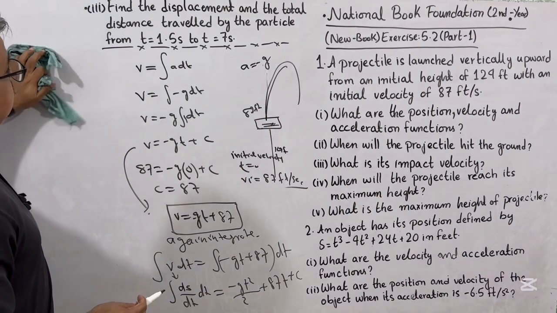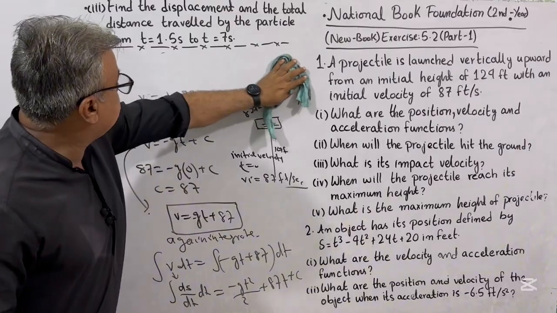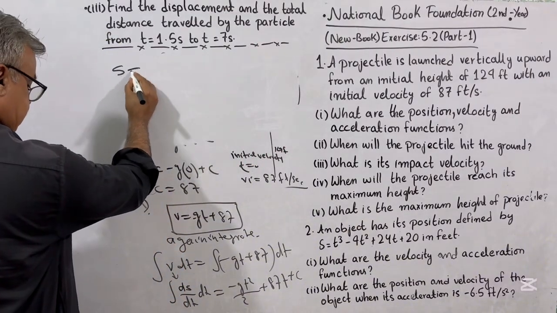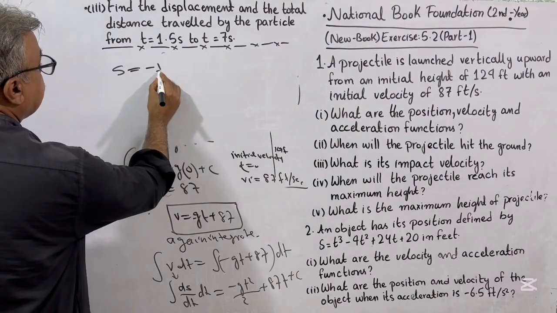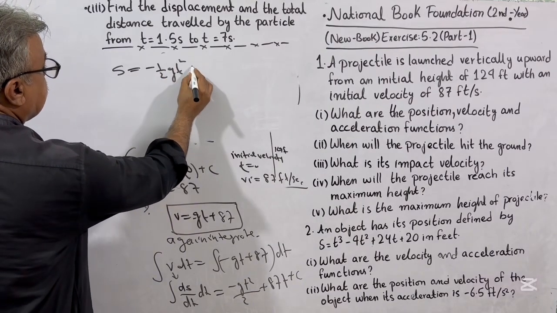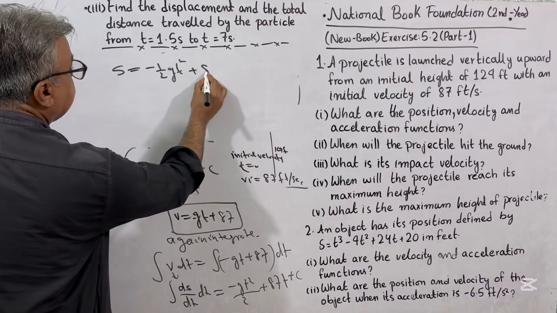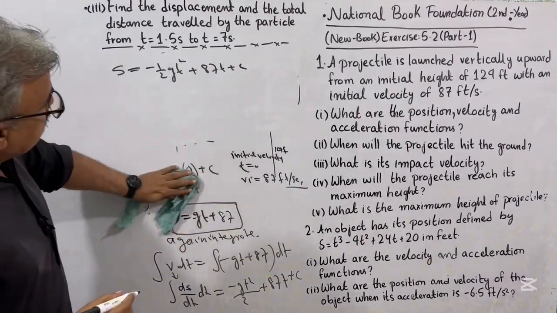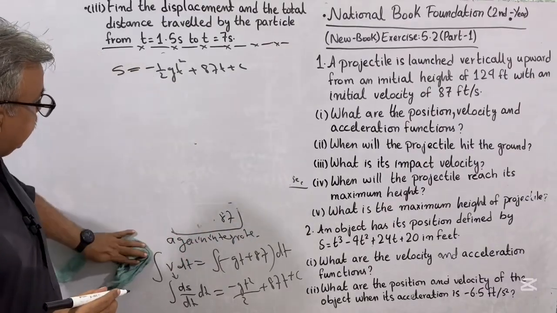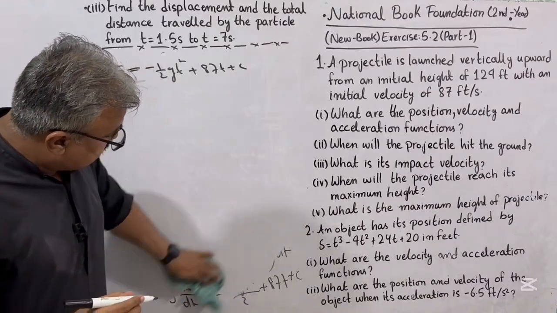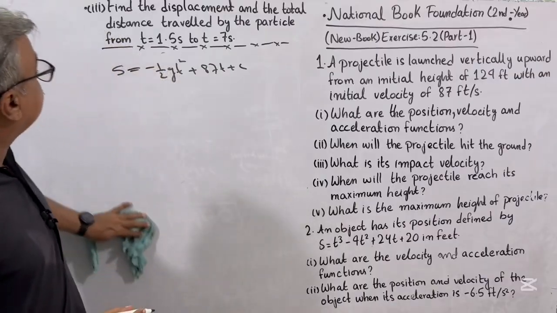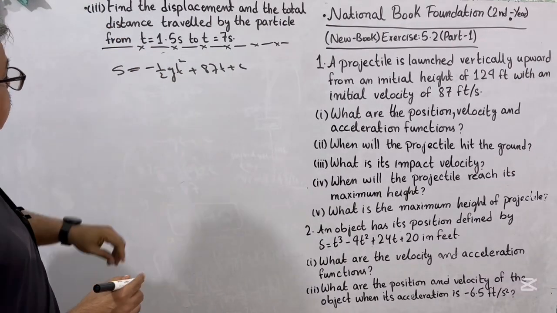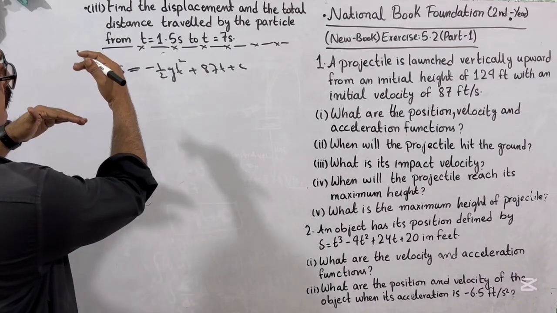So we have displacement, that is S, given by negative 1 over 2 gt square plus 87t plus c. Initial velocity was 87 feet per second, and utilizing this we found the value of c when we integrated acceleration to velocity.